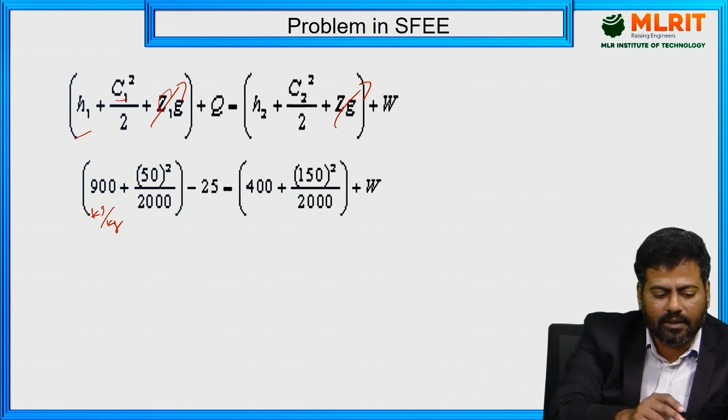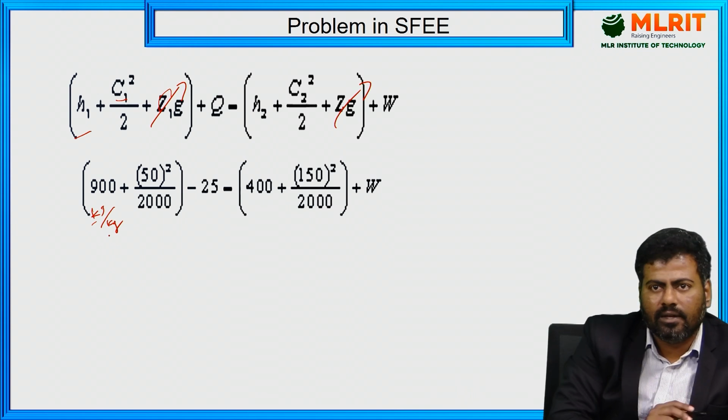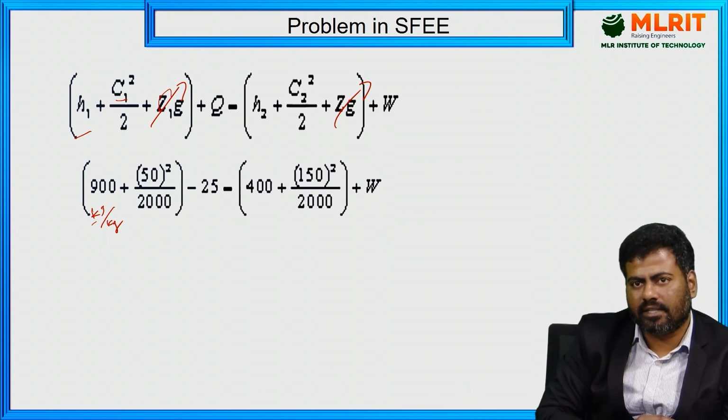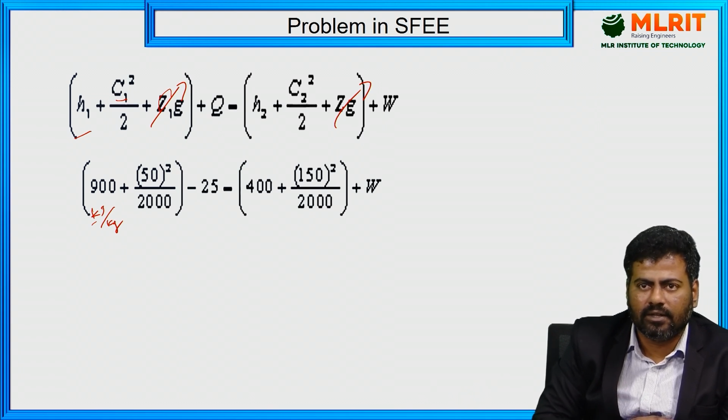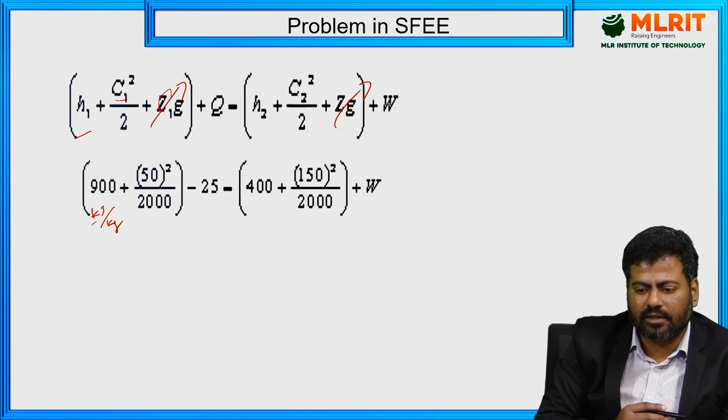But the enthalpy they have given in terms of kilo, whereas the kinetic energy which we evaluated is always joule per kilogram only in the standard format. We can't get it in terms of kilojoule. Why? Because there we can't implement a Cp value or Cv value. We only have half m v square, the general equation.